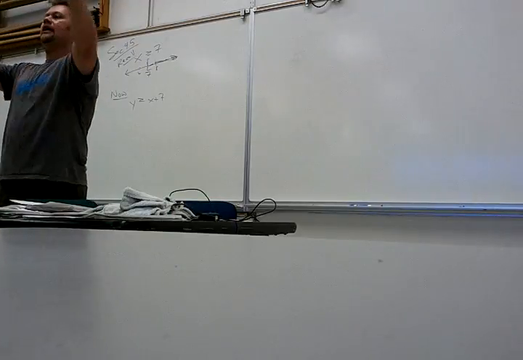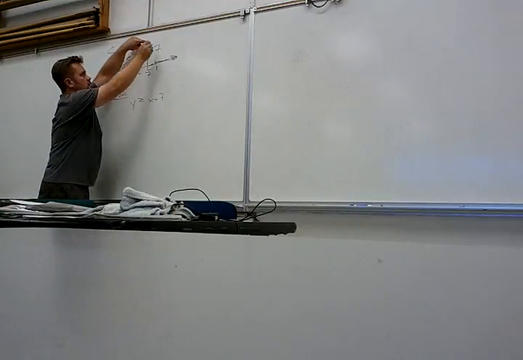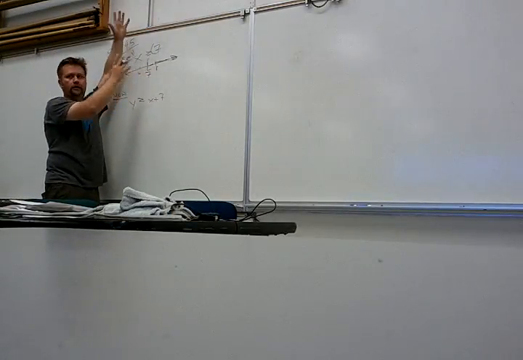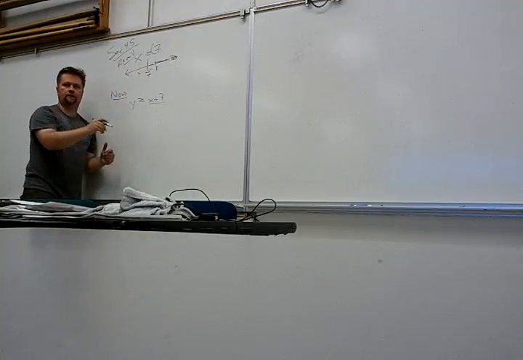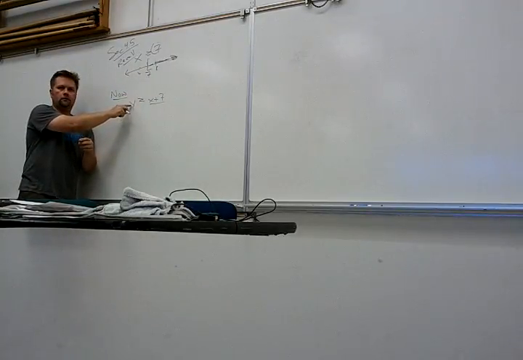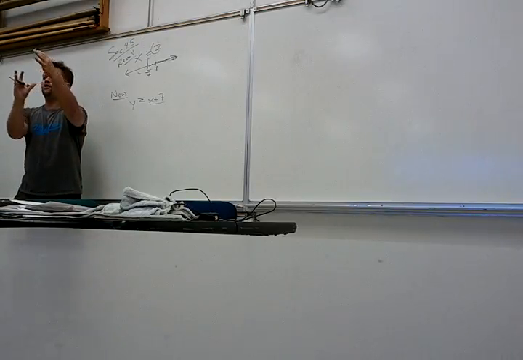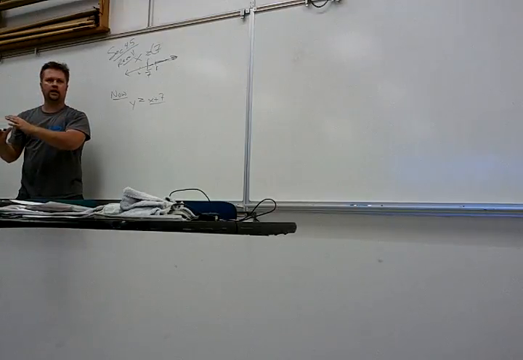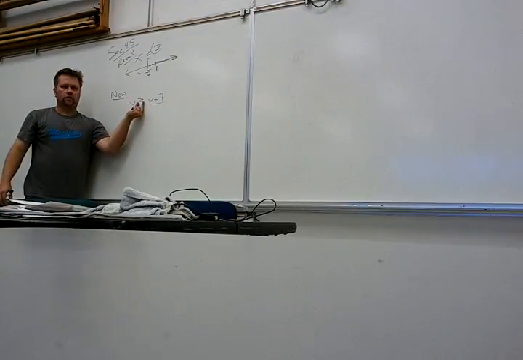If I have a plane, a line cuts it. This is easy. What's the point? 7. Okay, and one side works, one side doesn't. What's the line here? x plus 7, because I've solved it for y already, right? So the first step on these problems is graph the line and then figure out which side of the line to shade. Because what this is saying is there's a lot of points that make this work.